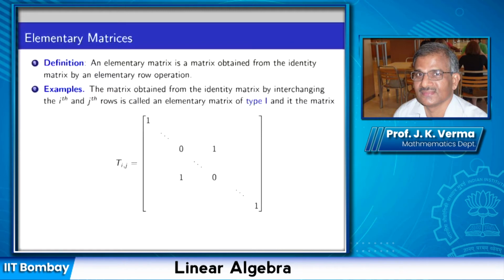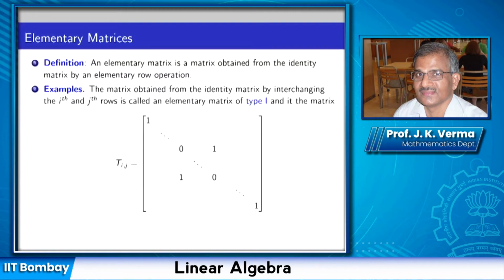So if I take T12 and multiply by any matrix, what happens? This is equal to [0, 1; 1, 0] times [A, B; C, D].